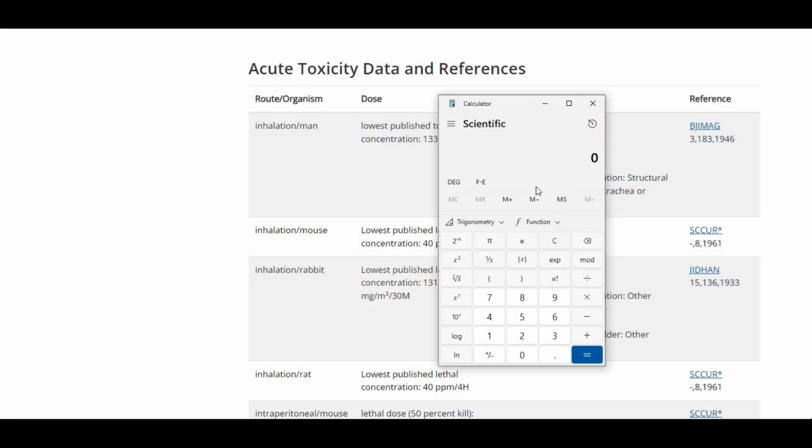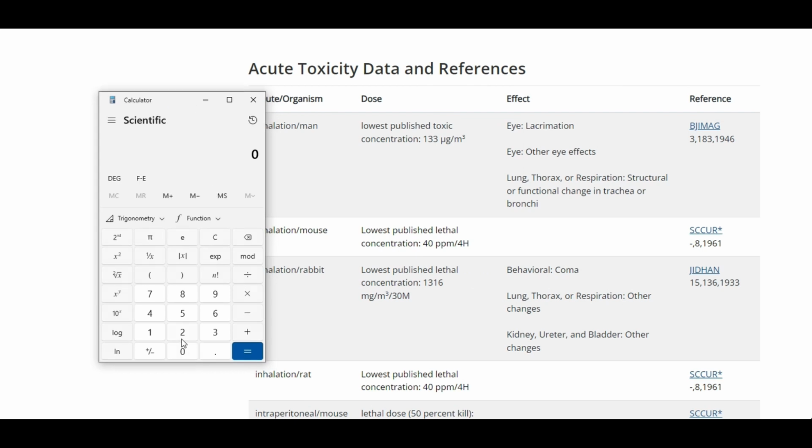Well, all we got to do is take our presumed figure, which is 0.0005 milligrams per year, divide this by 365, and we get this number. And then we divide it again by 24. And we get this number.